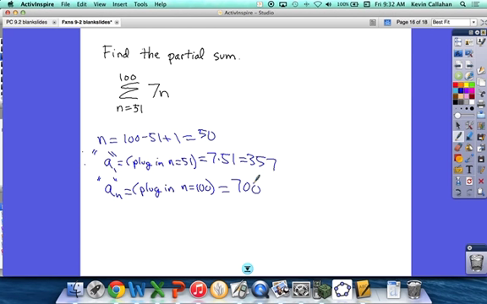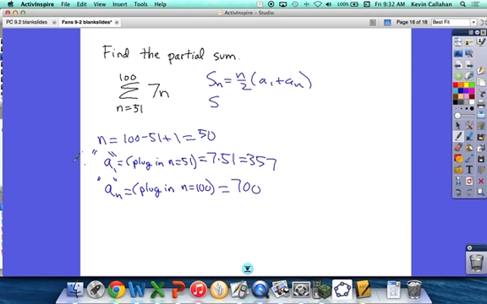So now, using our formula, Sn equals n over 2 times a1 plus an, the n equals 50. The n is the number of terms.